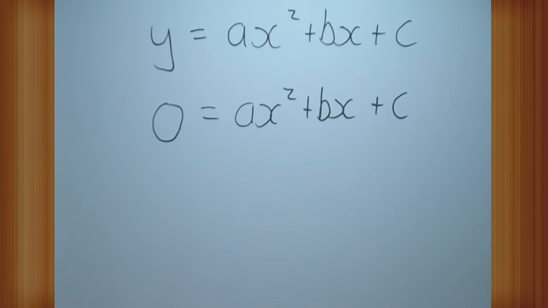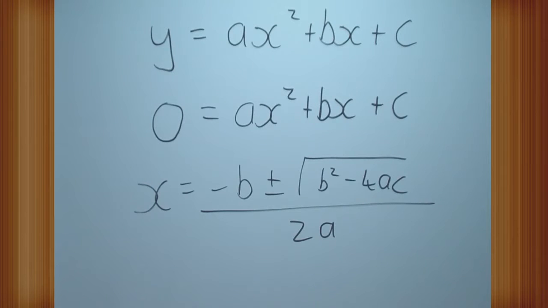We solve this by factorizing the quadratic and we'll find our x values. If it does not factorize very nicely, we can use the quadratic formula to solve it for us. This will give me my two x-intercepts. So now we have the y-intercept, we can get the two x-intercepts from here, and we already know the shape of the graph. All we have left is to find the turning point.